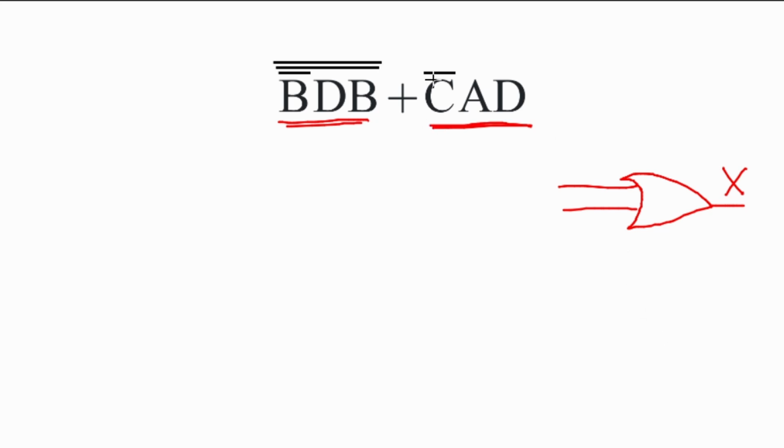So I'm just going to start with the term on the right, because this term has less going on, and we can just fill it in easy at the top here. And then afterwards, we'll do this one on the left. So you can see C bar A, D. These are all being multiplied or ANDed with each other.